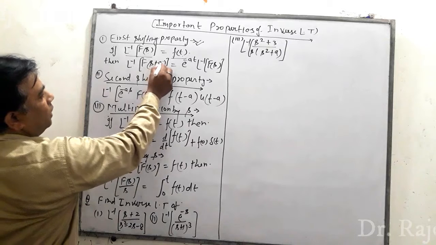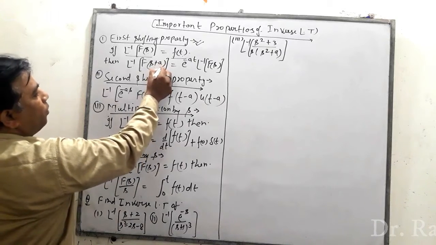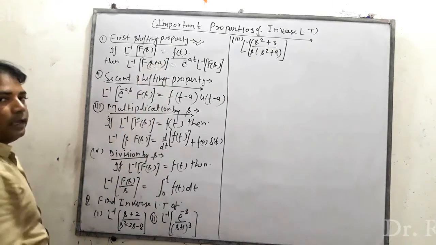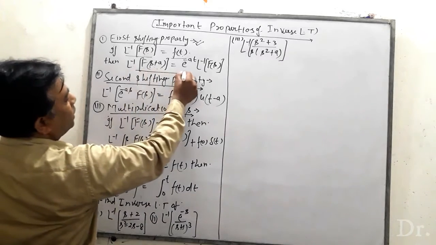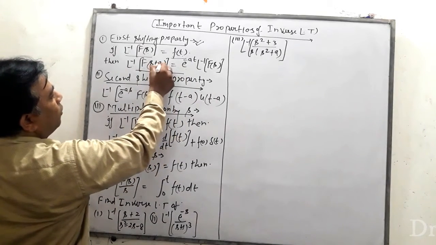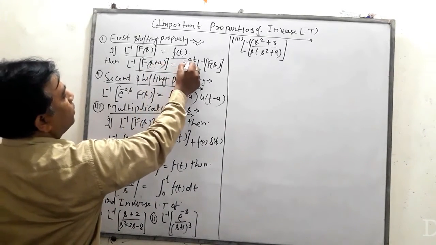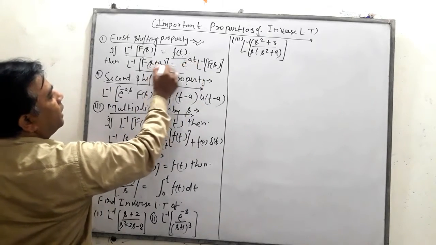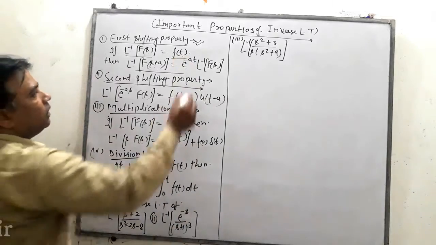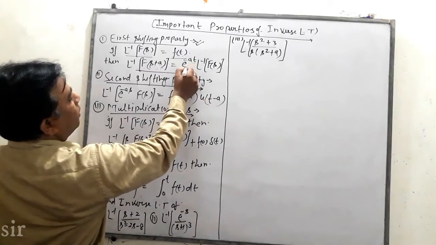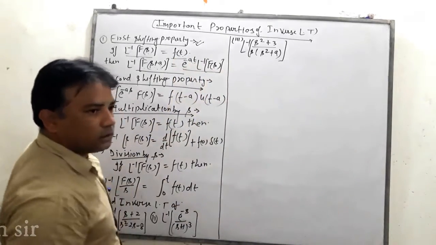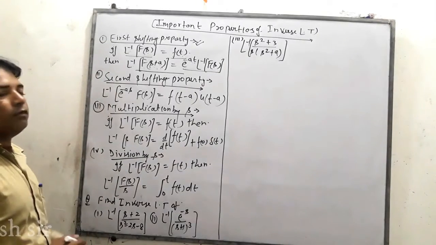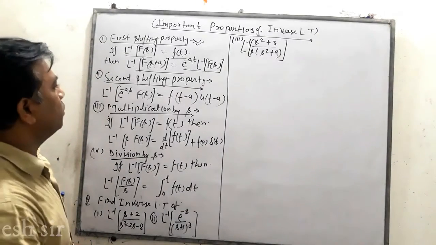Here a is any constant, plus or minus with s. If it is plus, then e to the power minus at; if it is minus, then e to the power plus at. This is the first shifting property of the inverse Laplace transform.